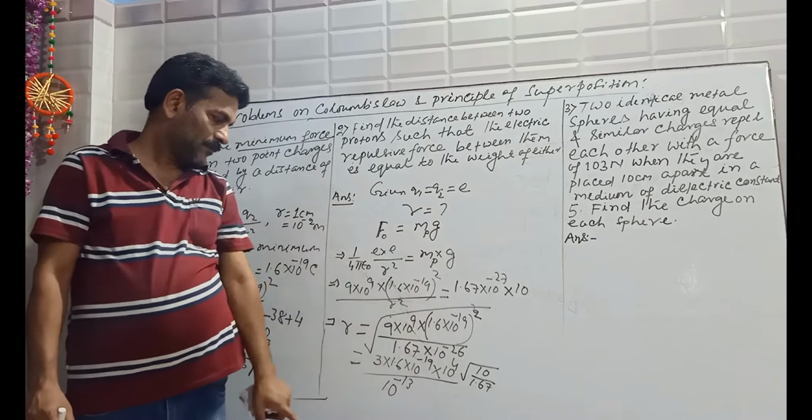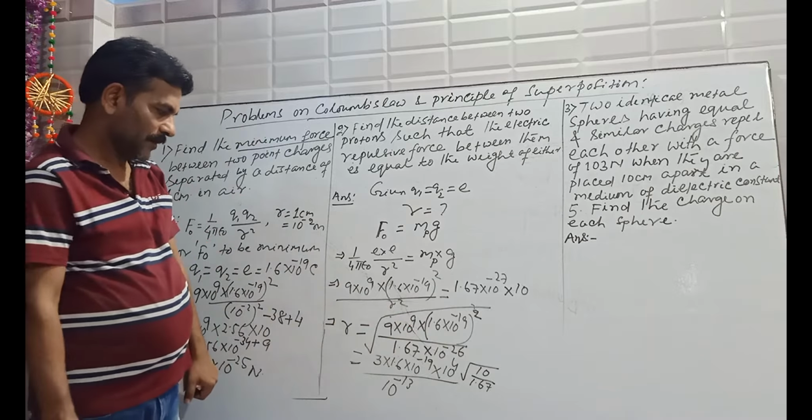10 to the minus 2 is 6. Root over of this is 10 to the minus 13. Okay, you see.